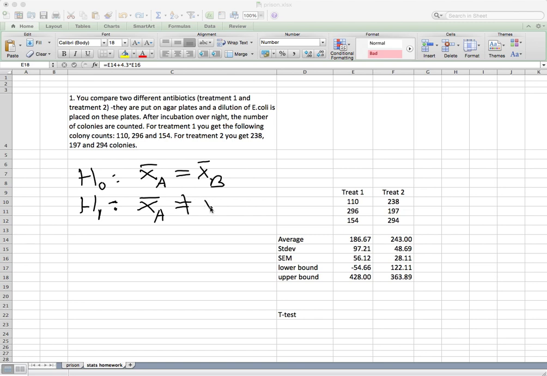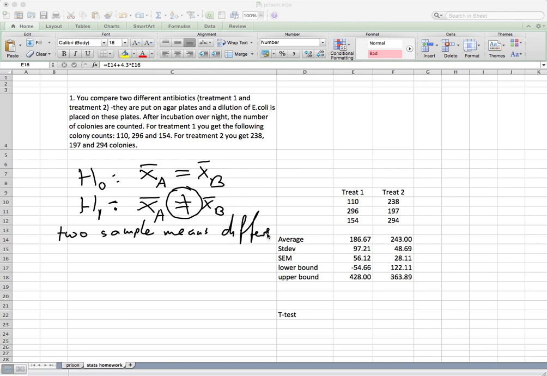So we can write this as x bar A is different to x bar B. And if we use this unequal sign, then it means we say the two sample means are different.